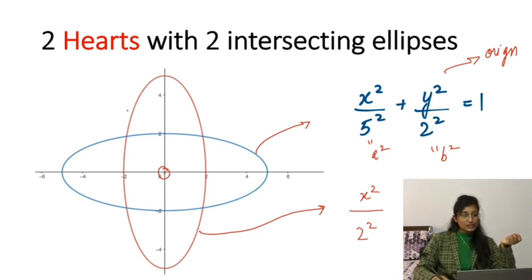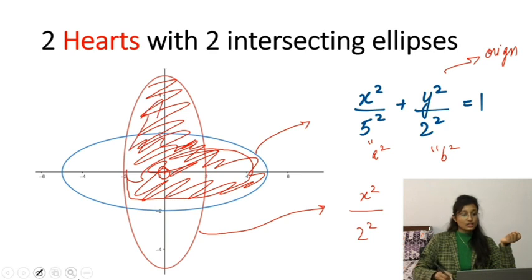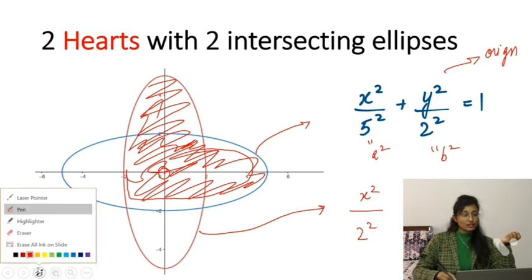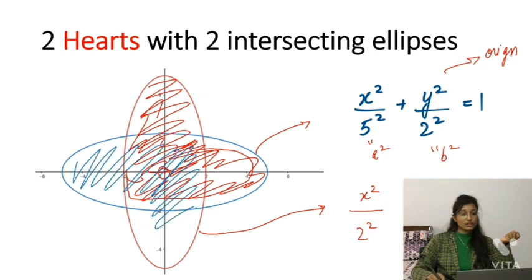You can clearly see the first heart is this, and the second heart would be this, two hearts with two intersecting ellipses.